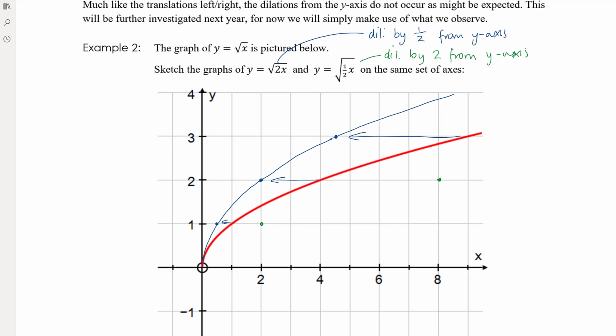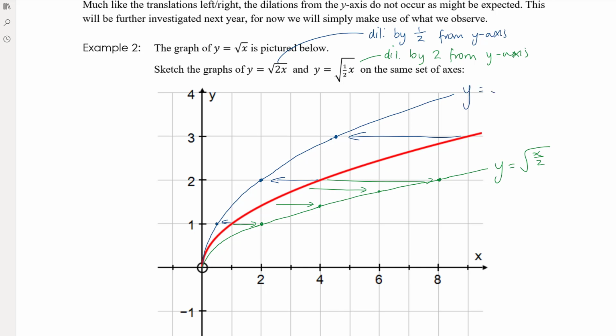This point at 2 root 2 is going to go to 4 root 2. This point at 3 root 3 is going to go to 6 root 3. So again, this time we're doubling out this way, and we get the graph of y equals square root of x on 2, or half x.